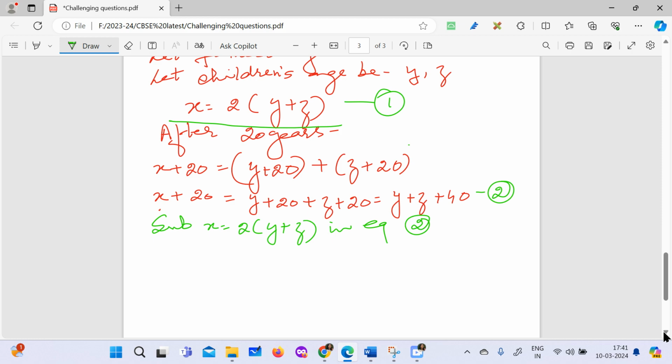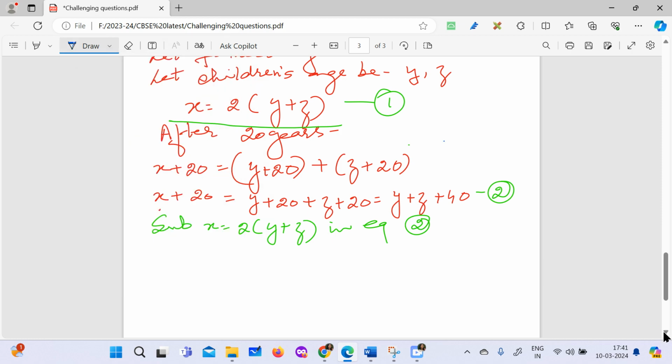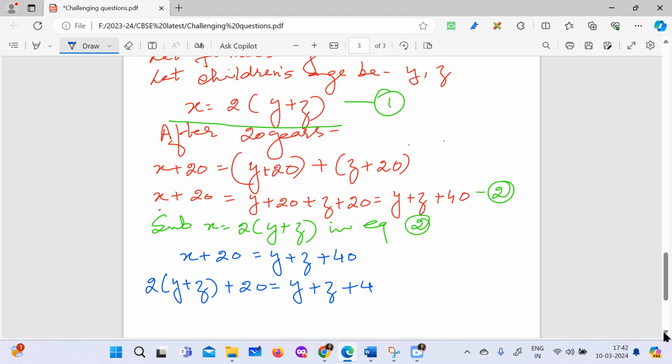So let me write the equation here: x plus 20 equals y plus z plus 40. I will substitute the value of x here. So I will have 2 times y plus z plus 20 equals y plus z plus 40.